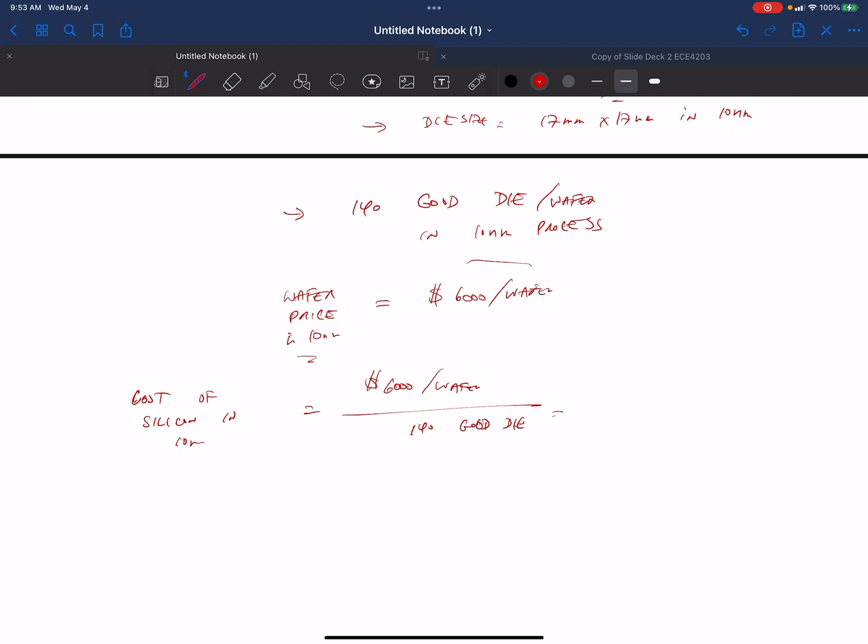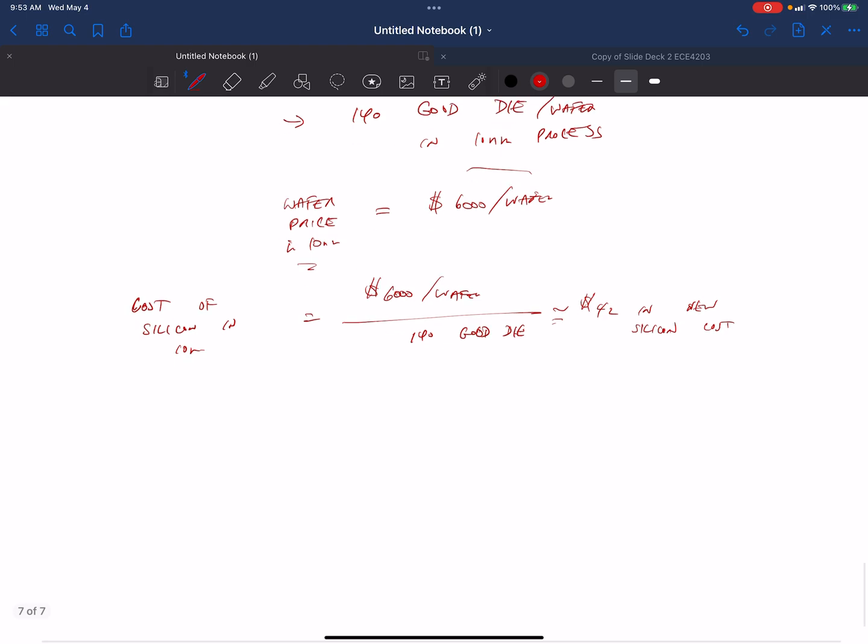That's $42 in new silicon cost. Okay, so we went from $60 to $42 in silicon cost.